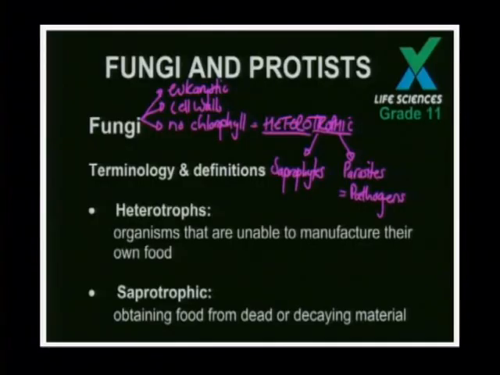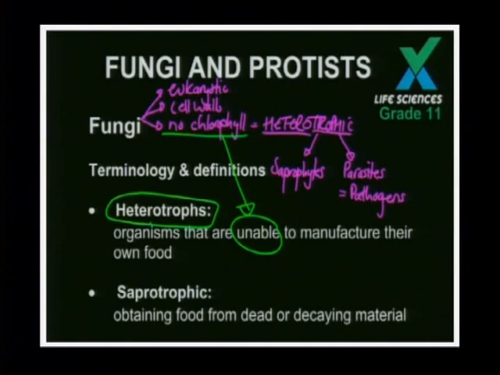Now that we've learned about the structure of different kinds of fungi, let's go back to revise our terminology. Heterotrophs are those organisms that cannot manufacture their own food. This is because they have no chlorophyll. As a result of not having chlorophyll, all heterotrophs have to look for their food in different ways.